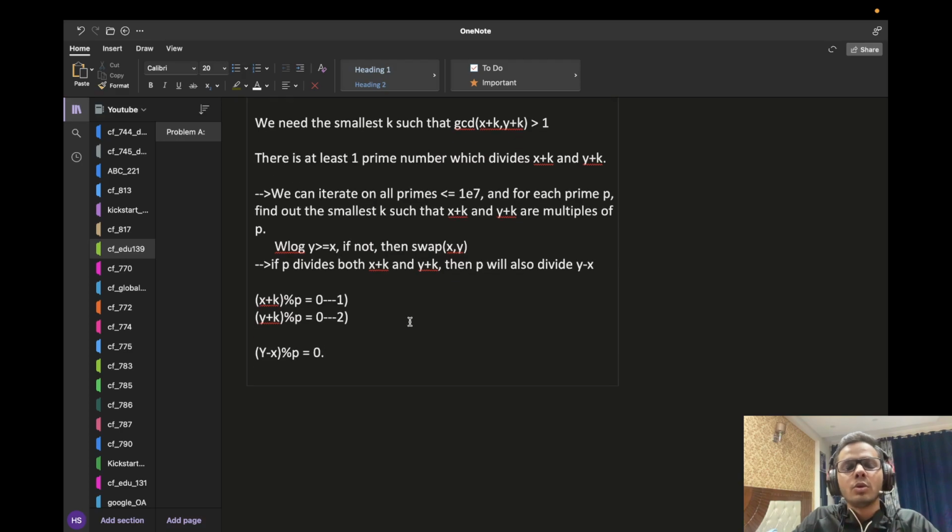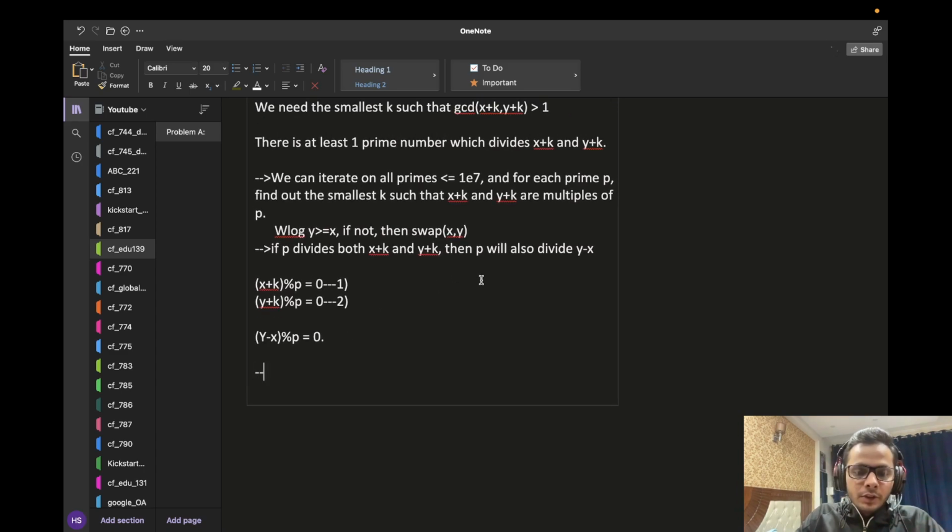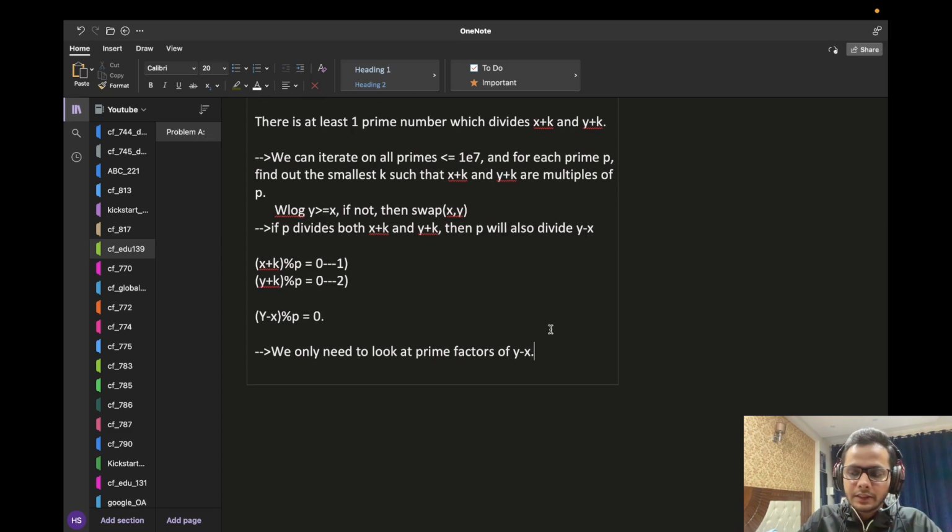So we have proved that for a prime number to divide both x plus k and y plus k, that prime number has to be a factor of y minus x. Cool. So now we know that we only need to look at prime factors of y minus x. That's all we want.